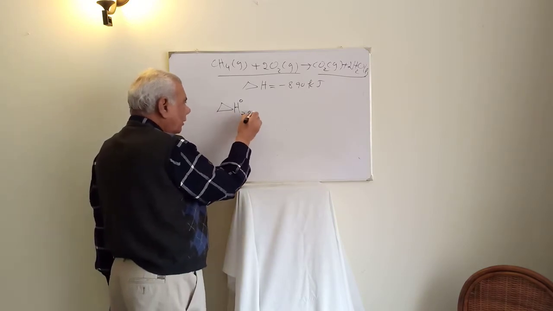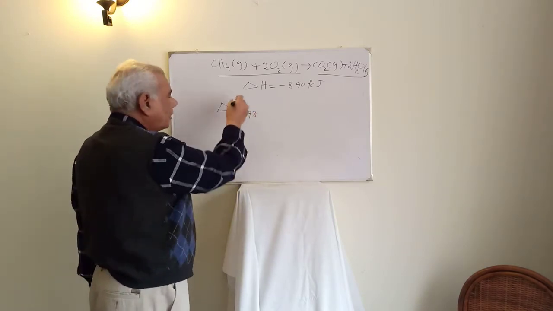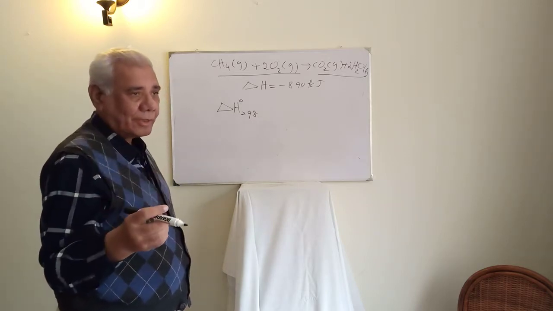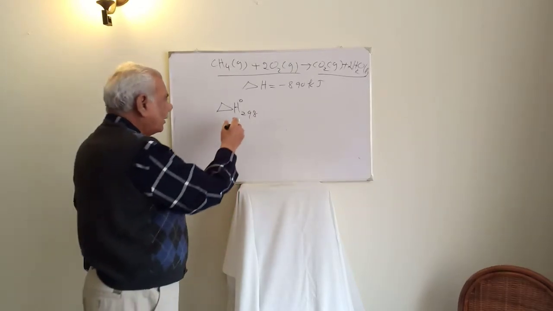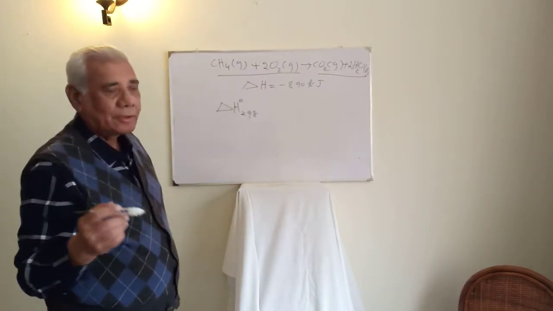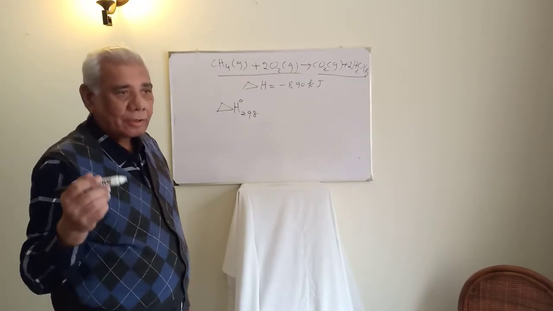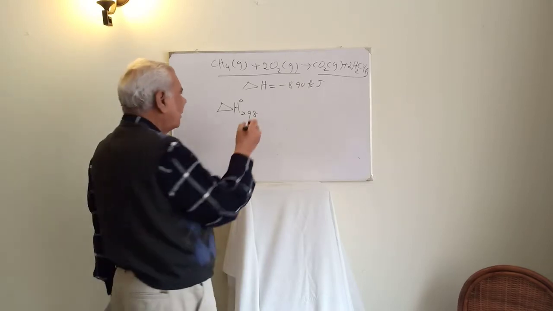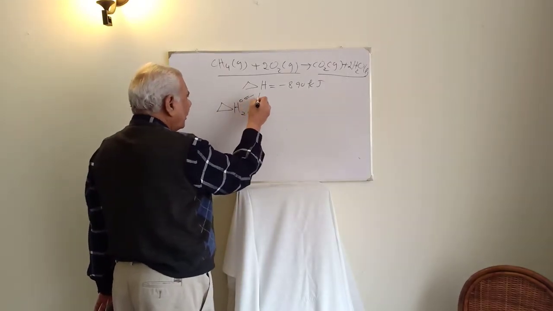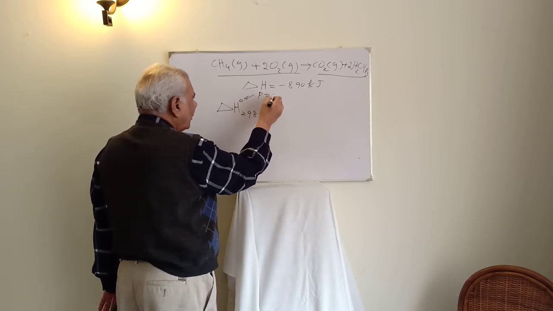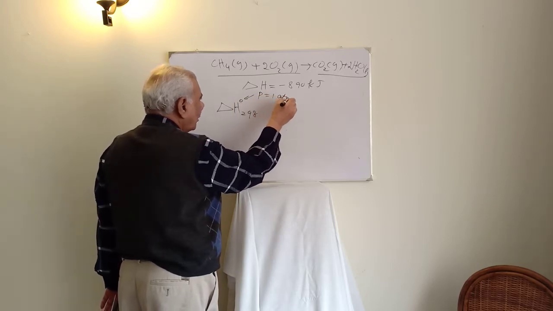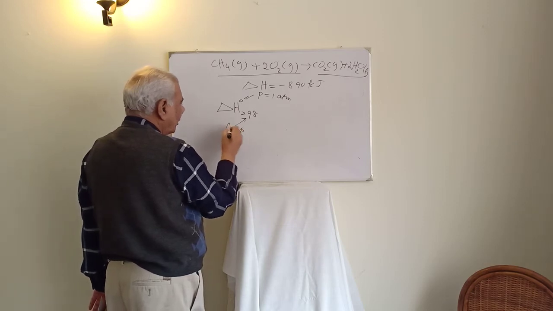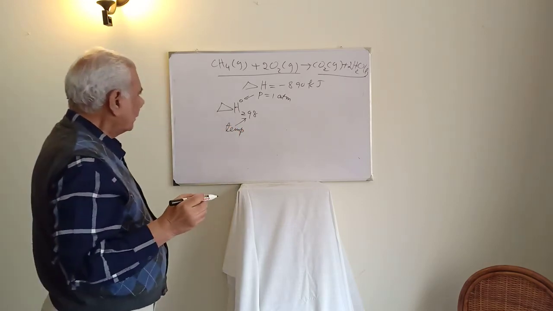The superscript 0 means the pressure is 1 atmosphere, and the subscript 298 means the temperature is 298 Kelvin or 25 degrees centigrade.